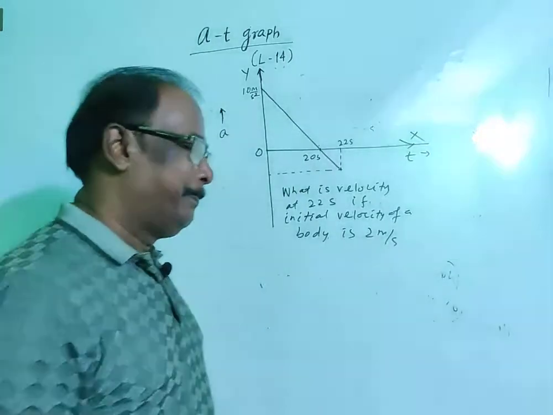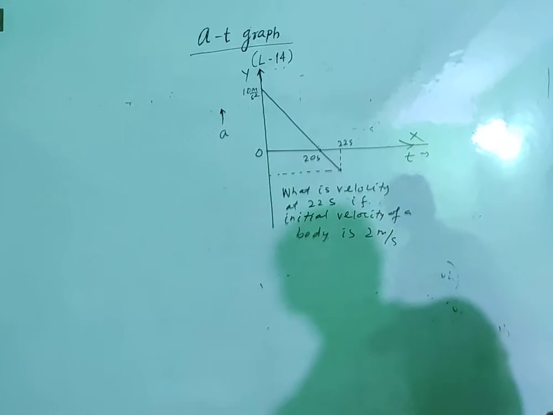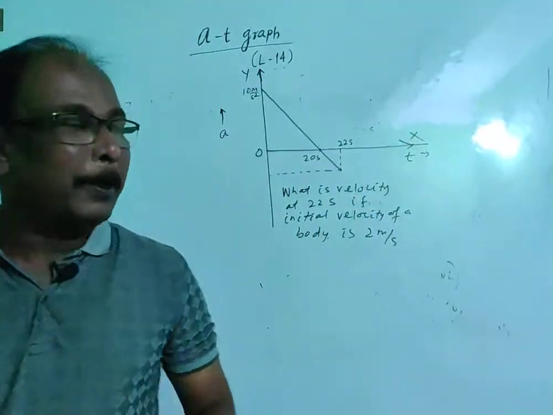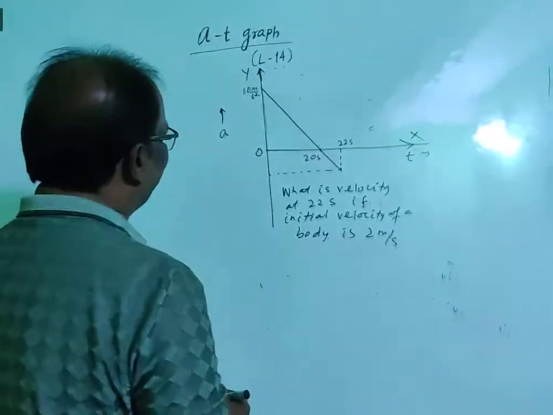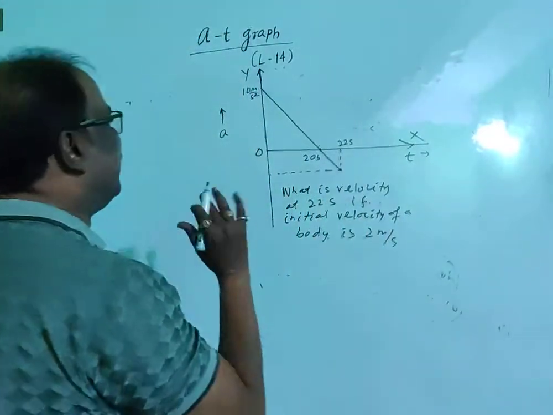Try it first. If the initial velocity is 2 meter per second, what is the velocity of the body at 22 seconds? It is also very easy in a similar way.